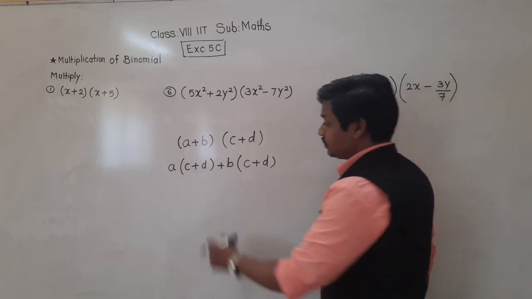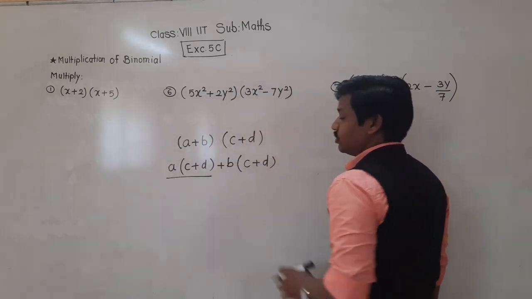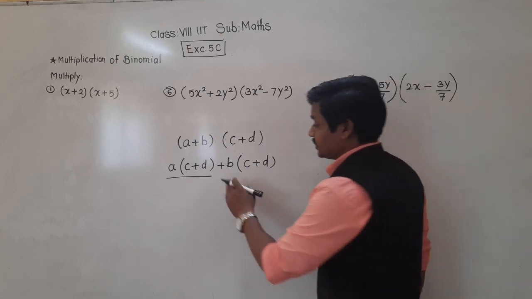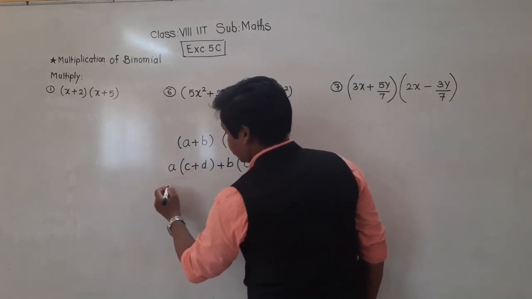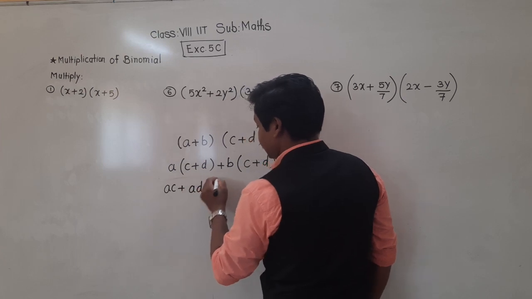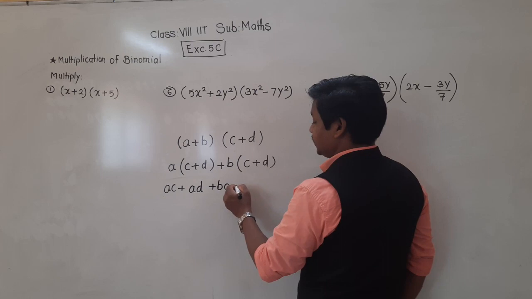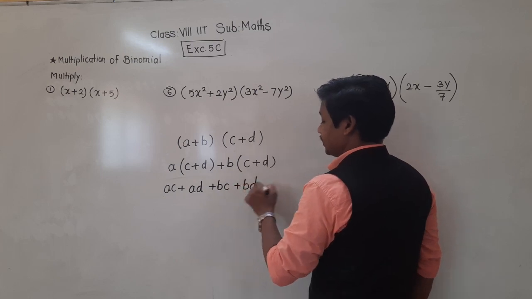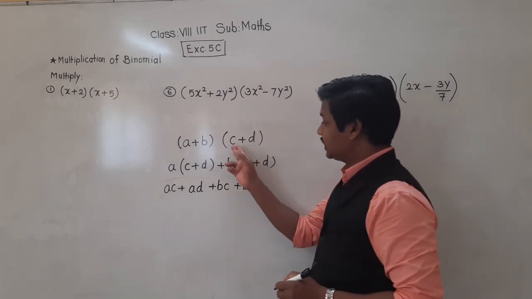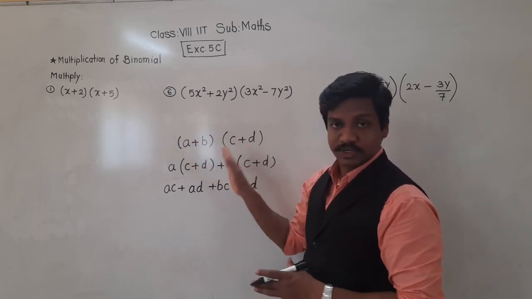Now this is again polynomial multiplied by monomial, which we have seen yesterday. Now it will be: a into c, ac, plus a into d, ad, plus b into c, bc, plus b into d, bd. Both c and d are multiplied by a and also by b, both the terms of the first bracket.